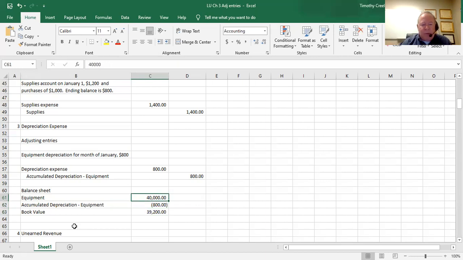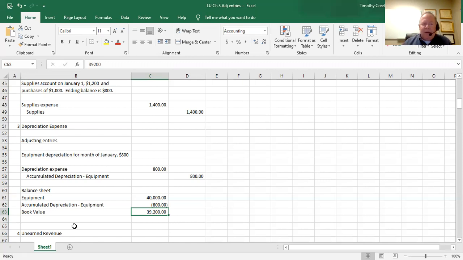You could tell that the cost was 40,000, that a very small amount of depreciation has been recognized, and the book value is very close to the cost of the asset. Now, if we only showed the asset at 39.2, we could not tell if it was an $80,000 asset that's been half depreciated, or if it's a $100,000 asset that's been mostly depreciated. We could not tell that by the information that's presented. By presenting it this way, you're able to get a very good idea of the age of an asset.